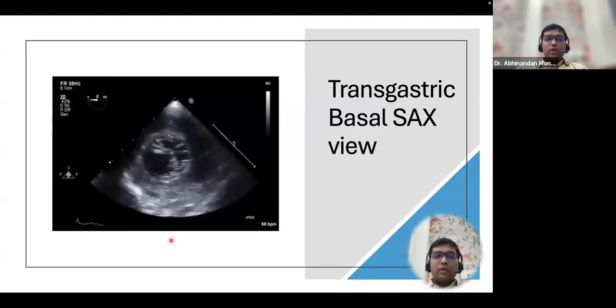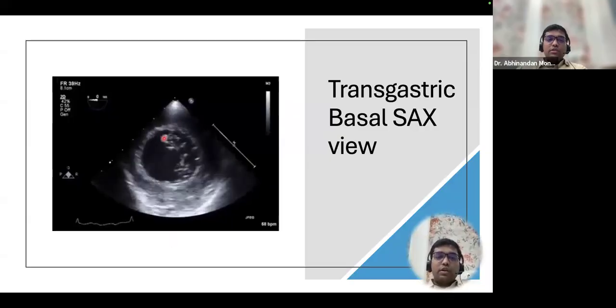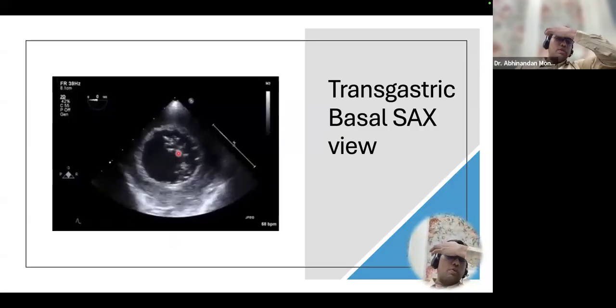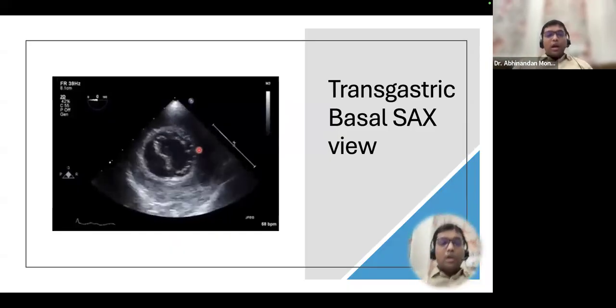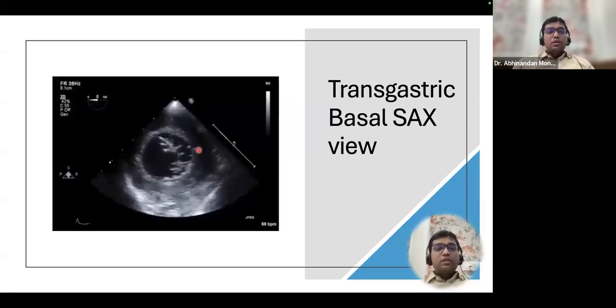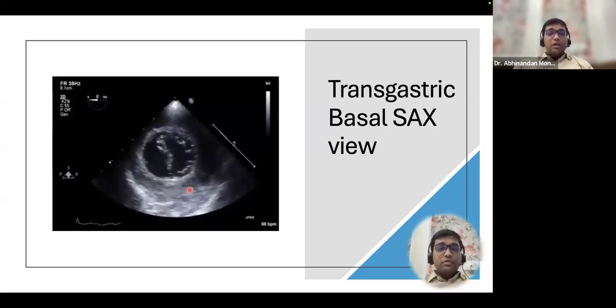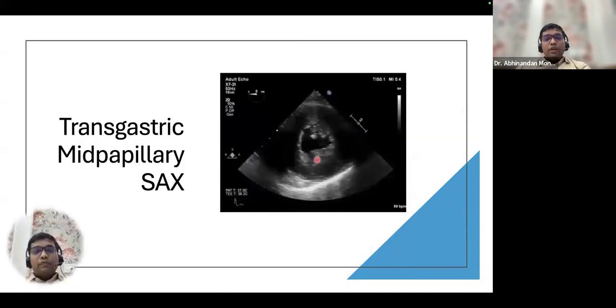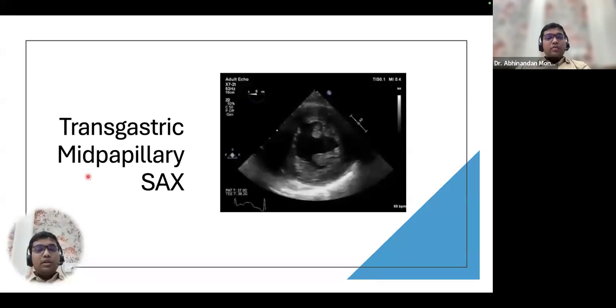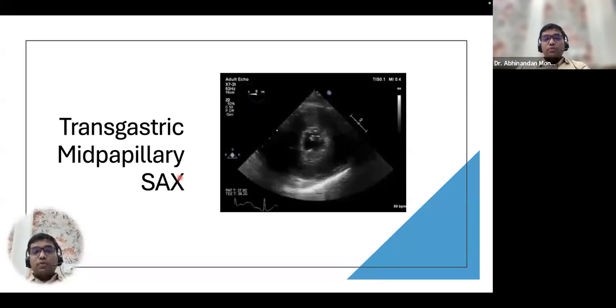I have already told you that from the four chamber view, if you advance the probe towards your stomach and anteflex it after entering the stomach, the first view that will come into view is your transgastric basal short axis view. And if you go further down and anteflex, you will get the transgastric mid papillary short axis view.